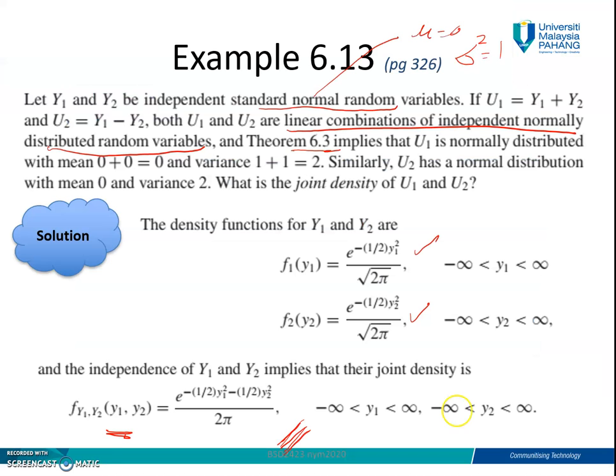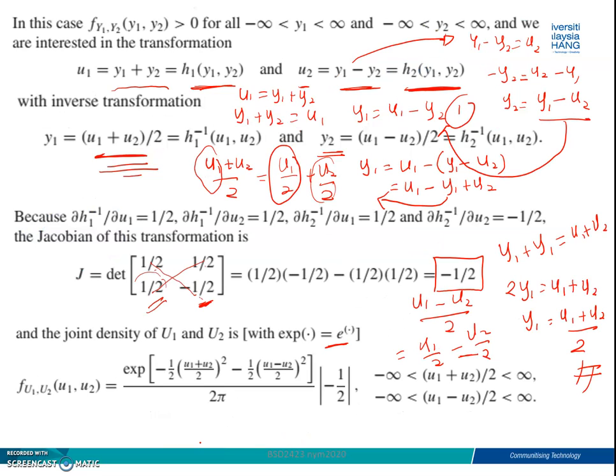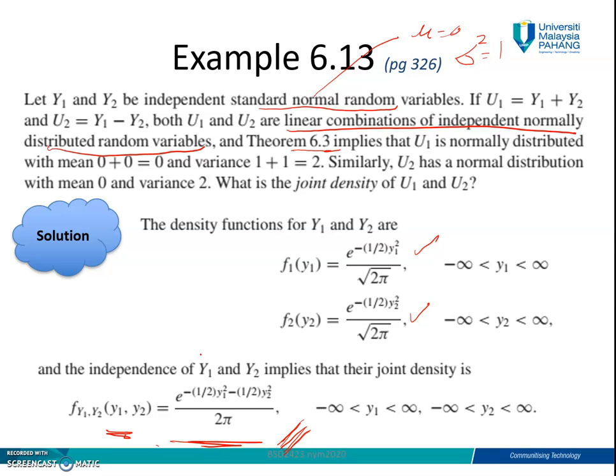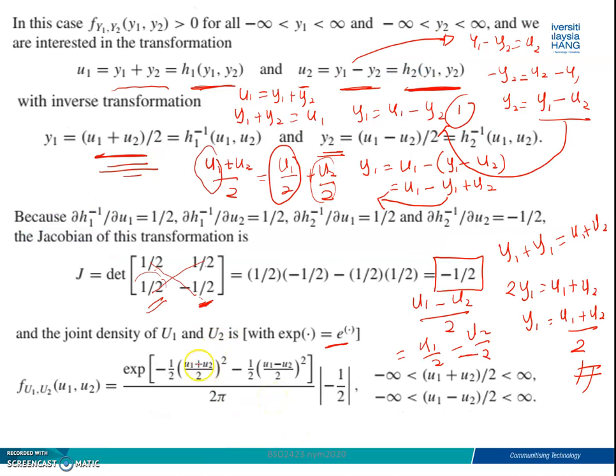But instead of y, now you substitute your y1 and your y2. Your y1 is (u1 plus u2) divided by 2 squared, and here (u1 minus u2) divided by 2 squared is your y2. When you substitute this, you multiply with the absolute Jacobian.